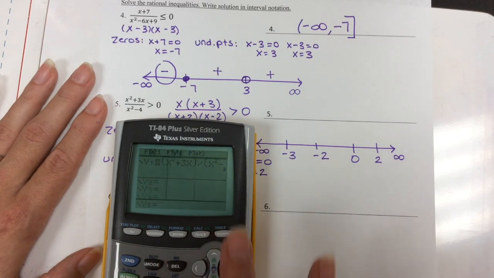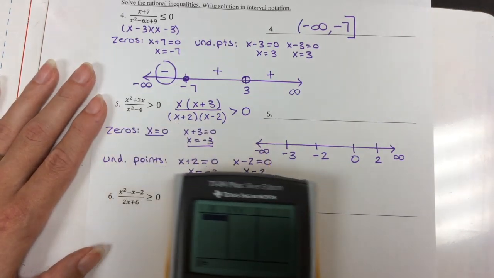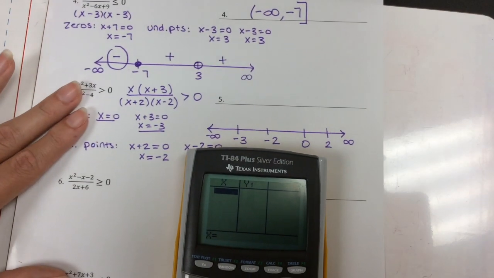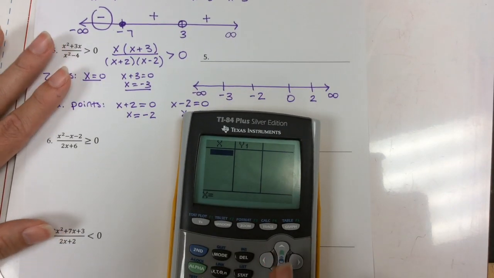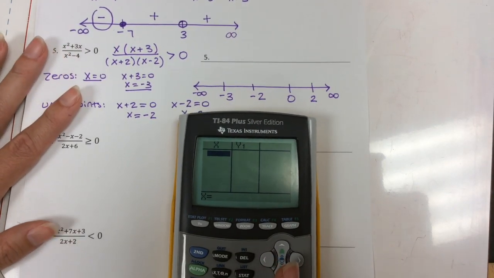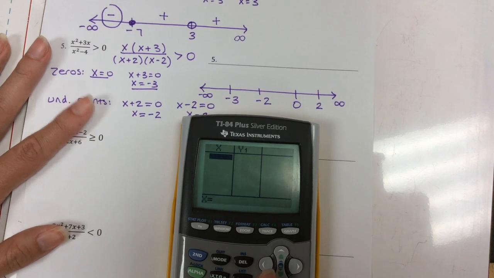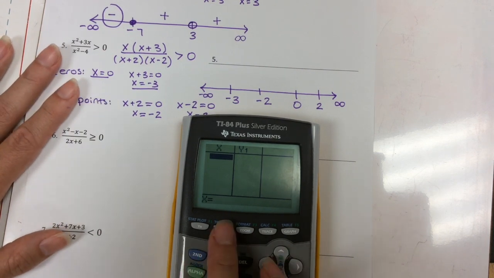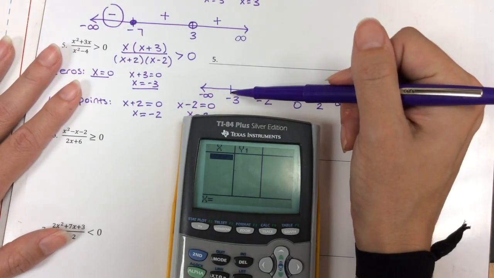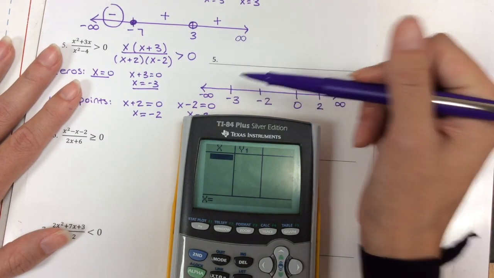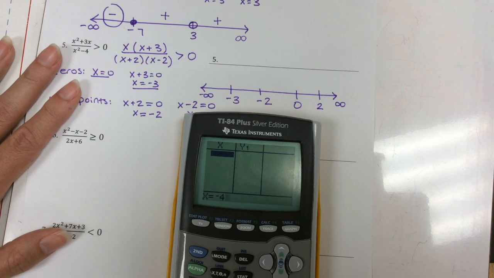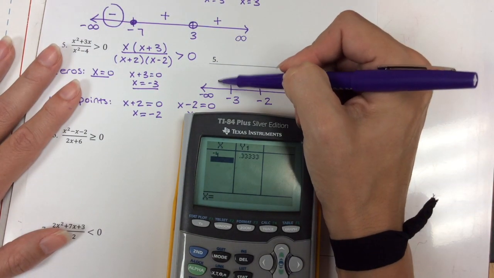And we're going to go to our table and we're going to ask ourselves about these points. So if you notice, I have a clear table because I'm on ask. Ask your teacher how to get there. Second window or second table set will get you there. And I'm going to plug in a point that's between negative infinity and -3. So -4. And I get positive.